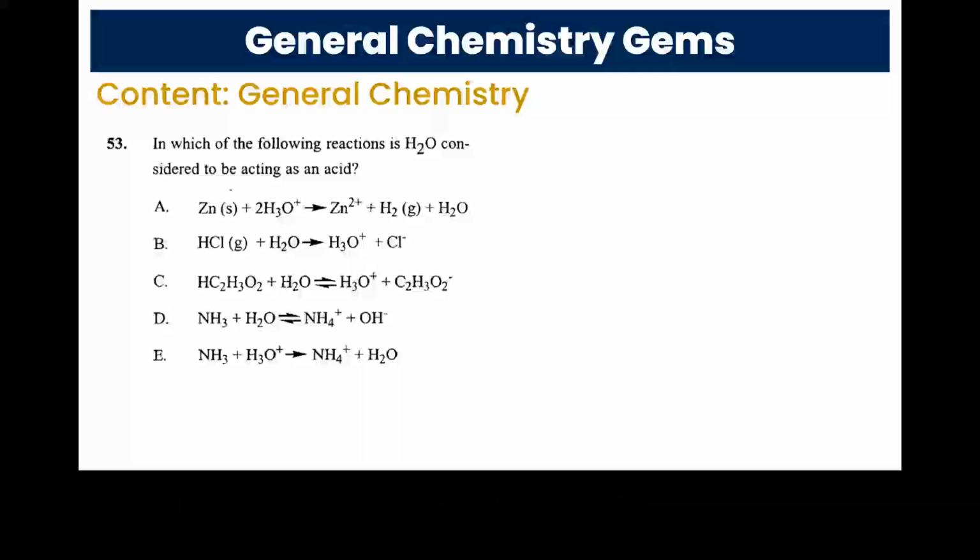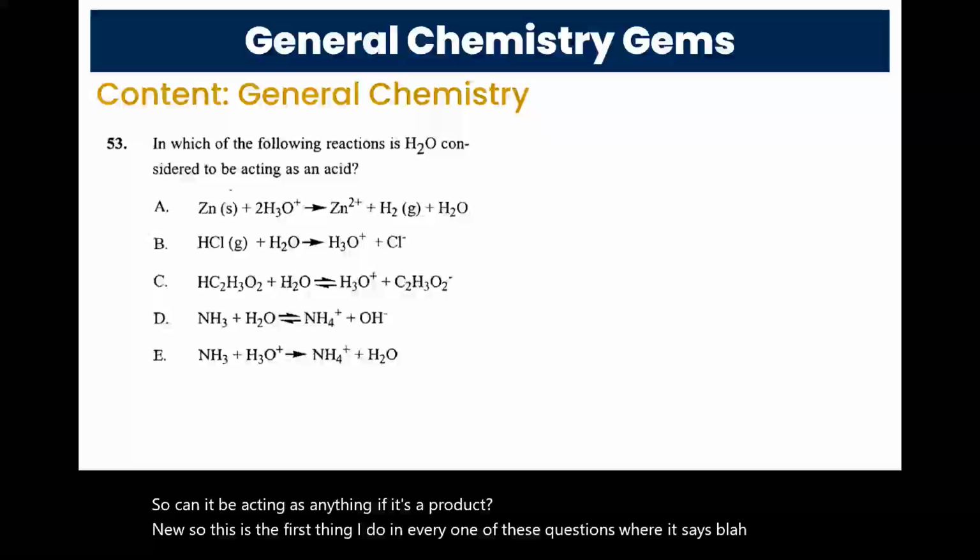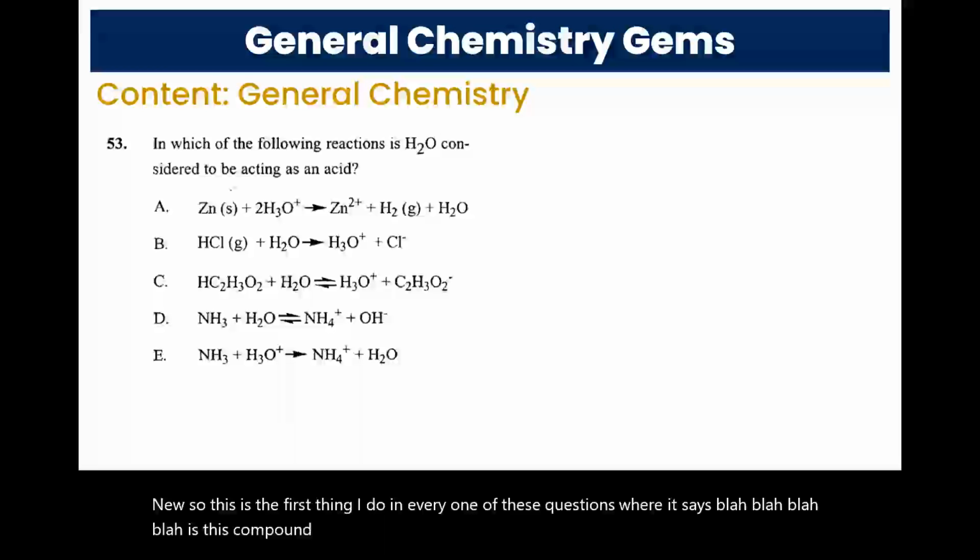First one. Is it on the reactant side or the product side? It's on the product side. So can it be acting as anything if it's a product? No. This is the first thing I do on every one of these questions where it says, "Is this compound acting as...?" or "Is it a blank reagent, like oxidizing agent or reducing agent?"